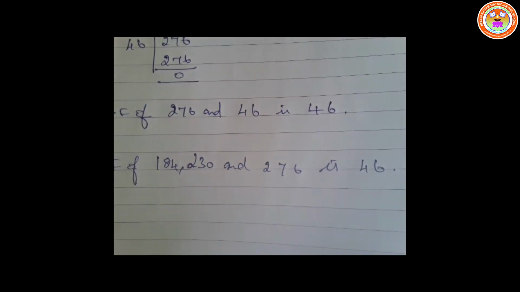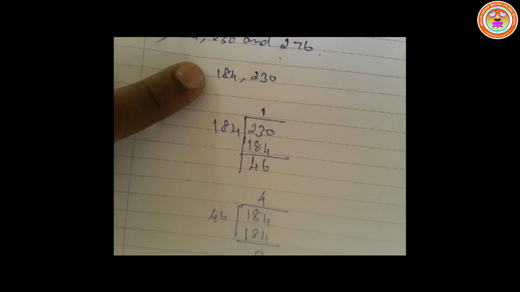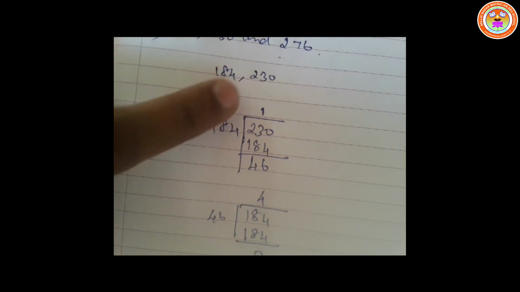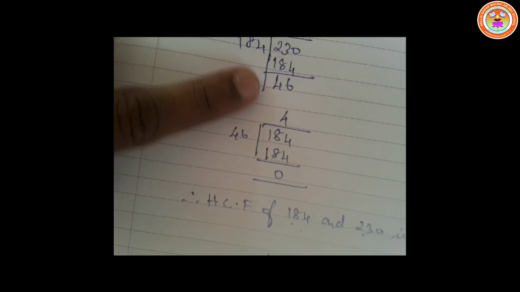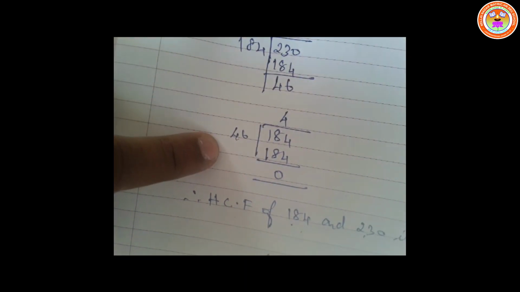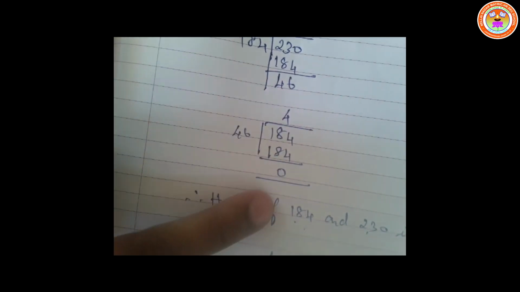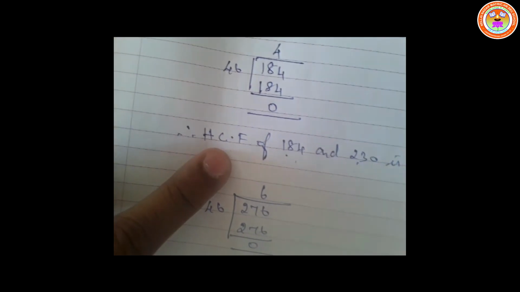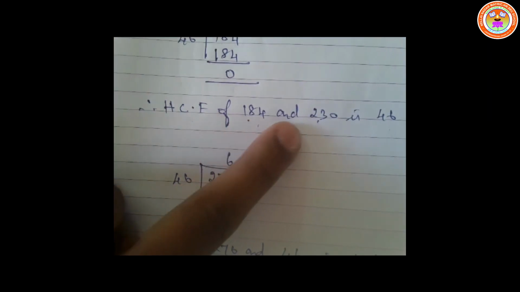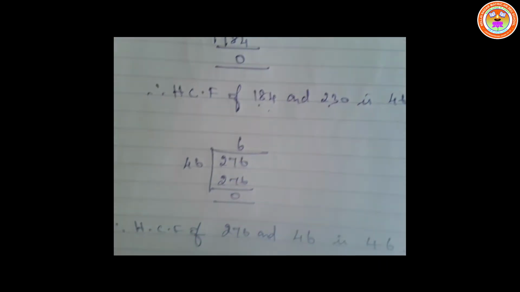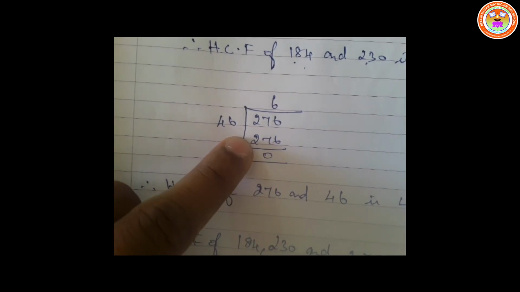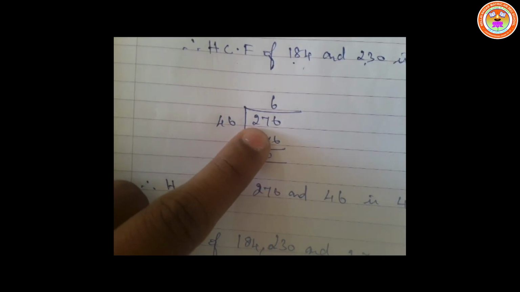Once again I will repeat it. First you have to find it for 184 and 230. In the first division you will get the remainder 46. Again you put the 46 outside and 184 inside. Then do the division again, you will get the remainder 0. Therefore HCF of 184 and 230 is 46. Then we go for the third number, 276.